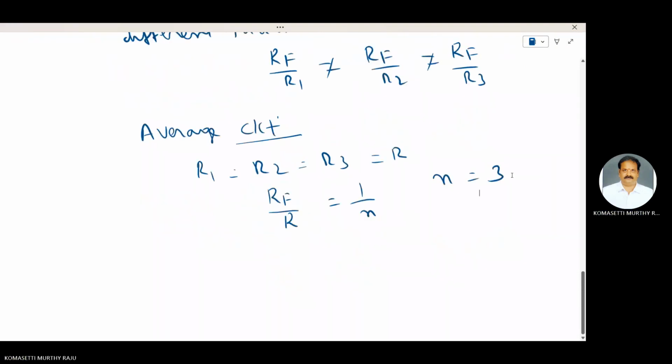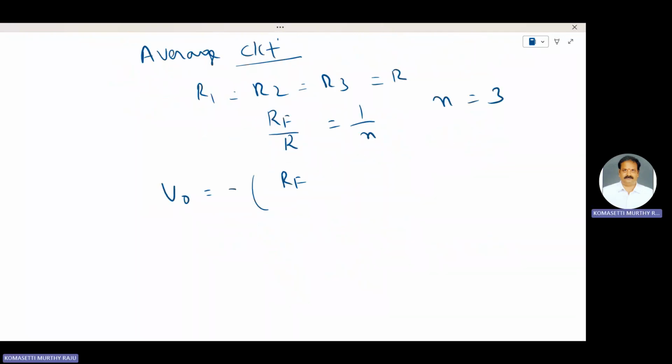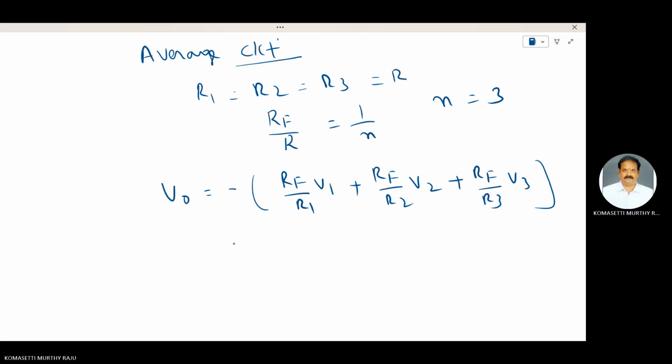We know that V out is equal to minus of RF by R1 V1 plus RF by R2 V2 plus RF by R3 into V3.